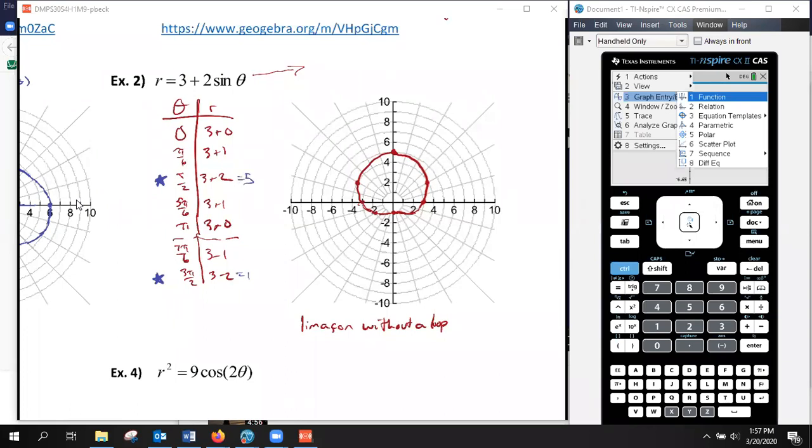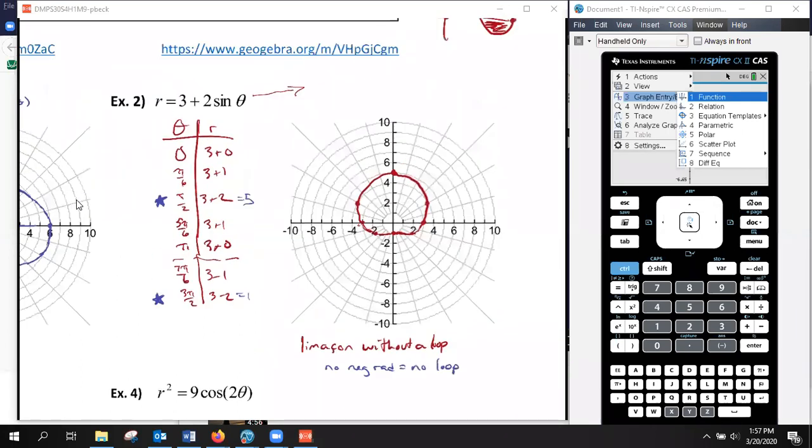You will never have a negative radius. Since you never have a negative radius, there is no loop. So no negative radius equals no loop. The only way a loop is going to occur is when you end up with a negative radius, because in order to change from a positive radius to a negative radius, you have to go through 0. And that's not this problem.